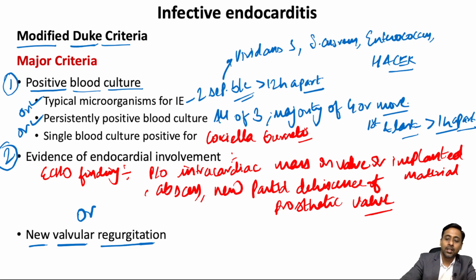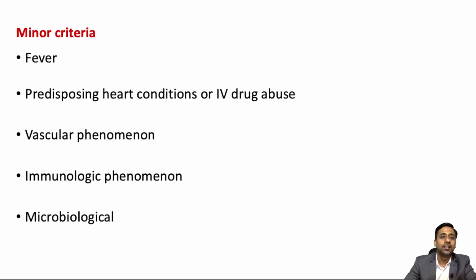If only one major criterion is met, then at least 3 of the minor criteria should be met, or if none of the major criteria is present, then all 5 minor criteria should be met. Okay, then only it can be considered a case of infective endocarditis.